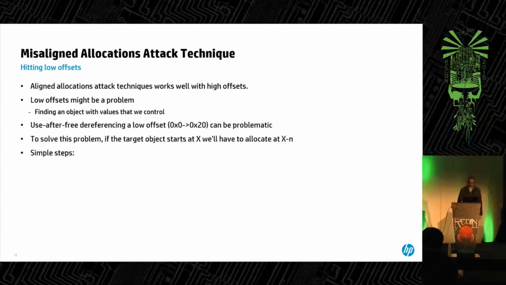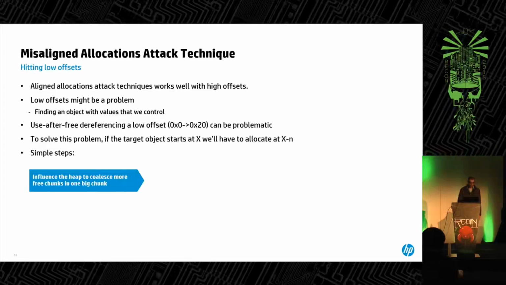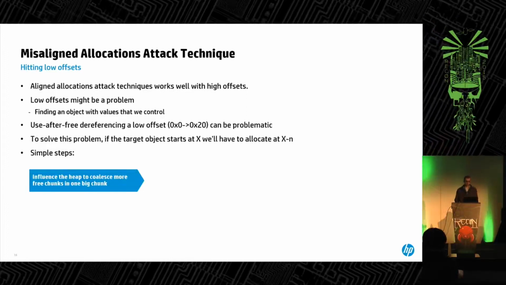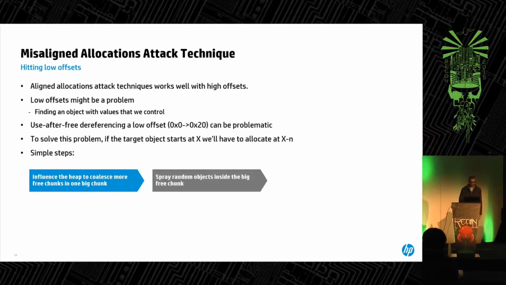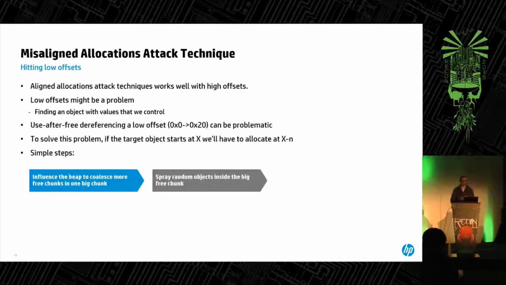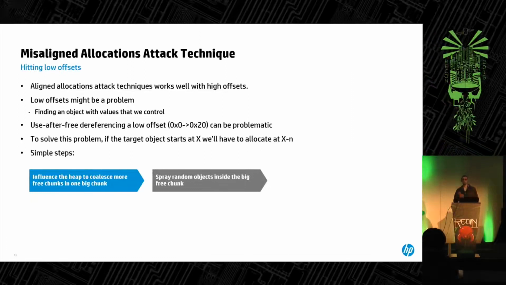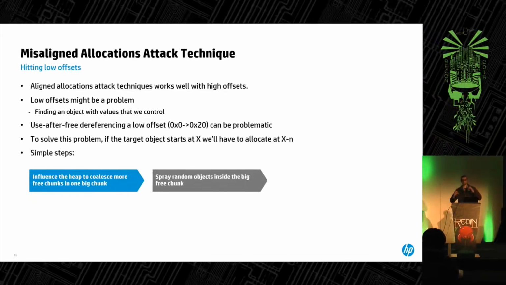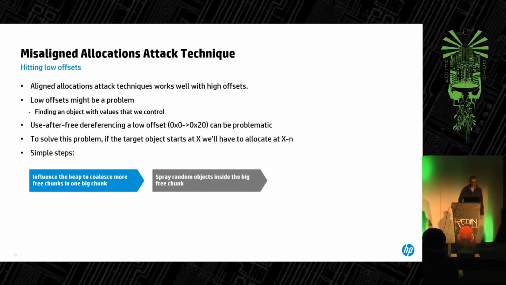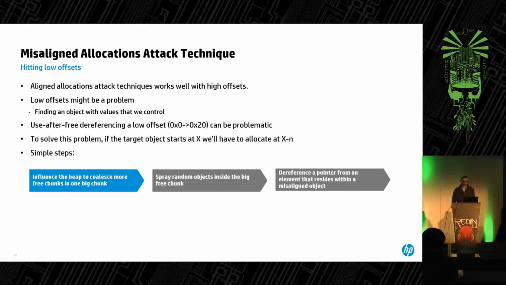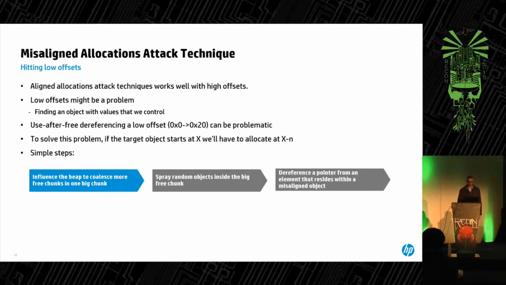So the simple steps are: basically influence the heap to coalesce a lot of free chunks together into one big free chunk. Later on, we have to spray random objects inside that big free chunk, but in a way that we're going to have one of the objects misaligned against the original object. And later on, we're going to trigger the reuse and have it dereference something from the misaligned object.